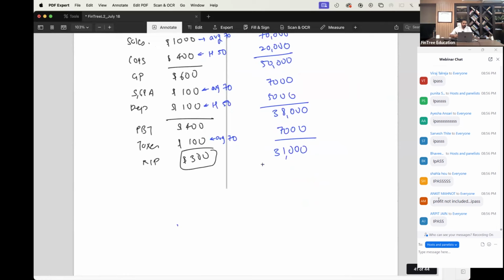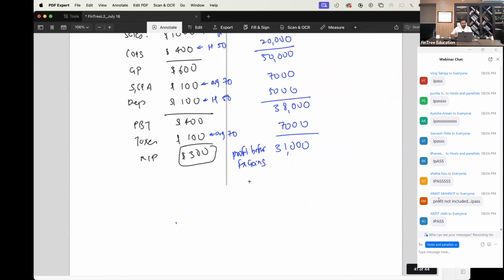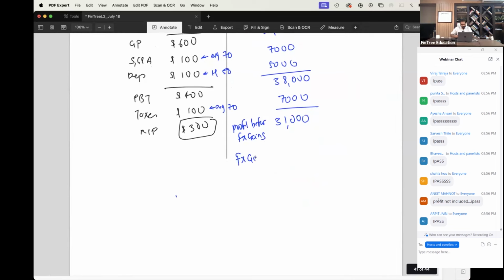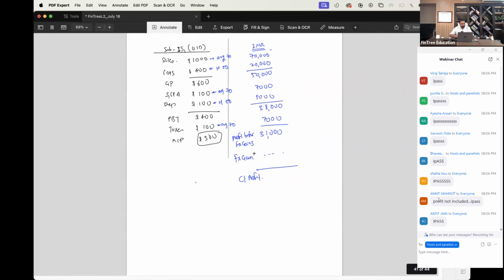Is this the final profit? No. This is my profit before FX gains, right? And then I will have FX gains. I don't know what that number is. And then I will have closing profit. Because under temporal method, FX gains are put into income statement.